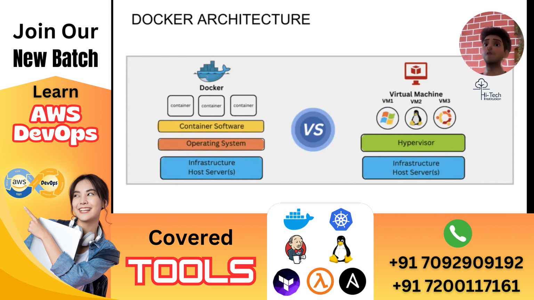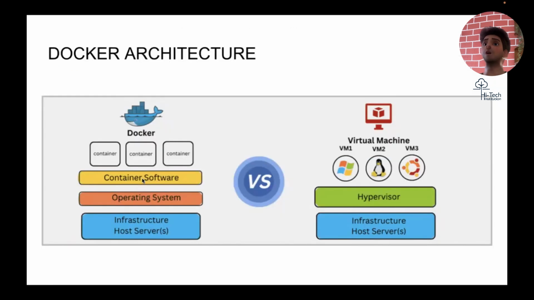We have multiple vendors, Docker, RKT (Rocket) and many other container engines, but people widely use Docker as the primary one. In the place of container software, we will install Docker. Docker will help us create multiple containers, container 1, container 2, container 3. If you remember, in the hypervisor we have VM1, VM2, VM3, where we deploy our application on the guest OS.